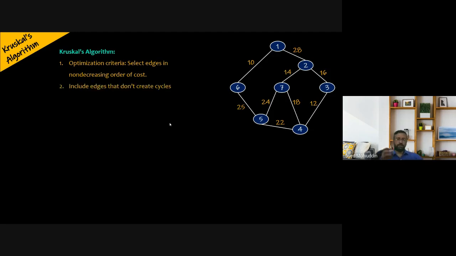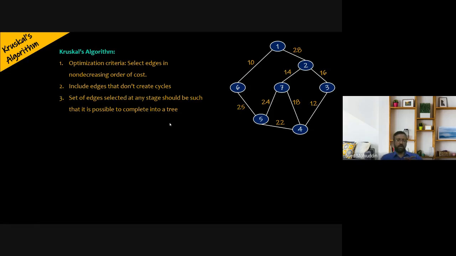Now, each edge, when it is selected depending upon increasing order and put in the spanning tree, should not create a cycle. That is the basic condition Kruskal has.